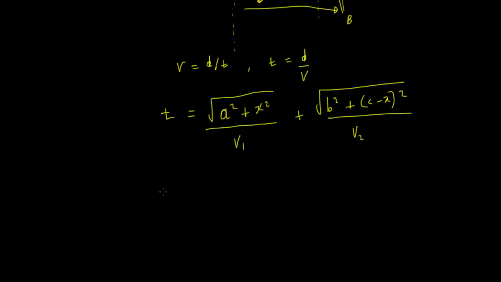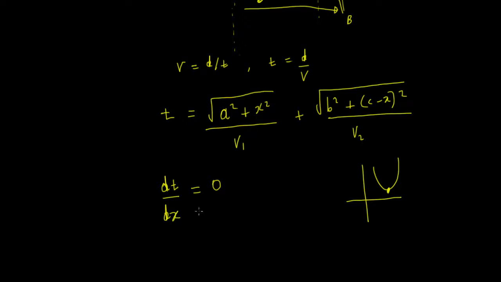So if time is a minimum, then if we find the rate of change of time with respect to distance, that should equal 0. It's the same as looking at a curve here and finding the minimum, which would be this point here.